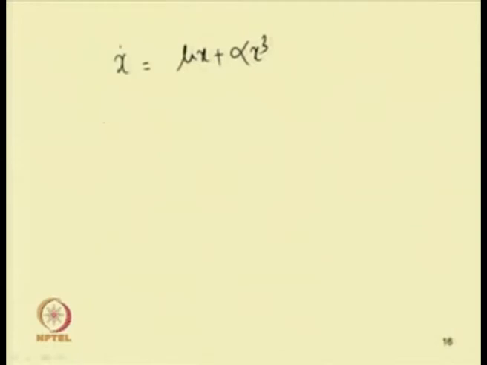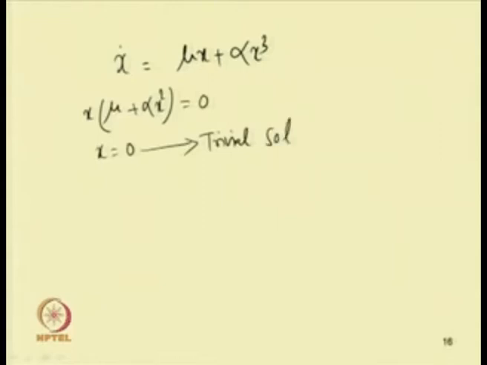By putting x dot equal to 0 and taking x common, this equation becomes x times mu plus alpha x square equal to 0. So, it has two solutions. One solution is x equal to 0, which is the trivial solution, and the other one is mu plus alpha x square equal to 0, or x equals plus or minus the square root of minus mu by alpha.